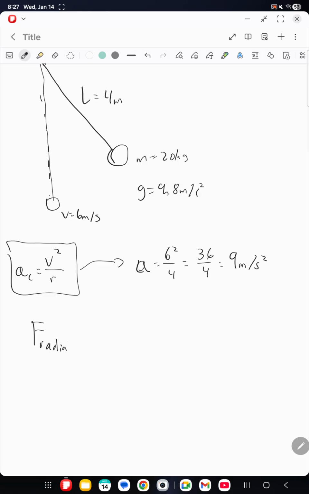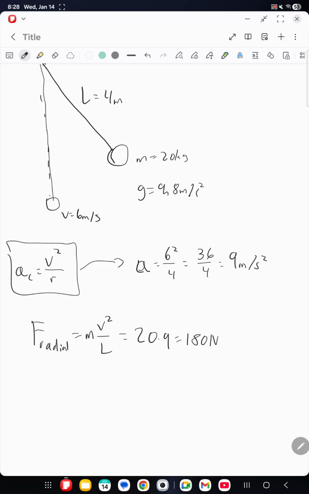The radial force will be equal to m times v squared over L, which is pretty self-explanatory. It would just be 20 times 9, which is 180 newtons. That'll be our radial force.